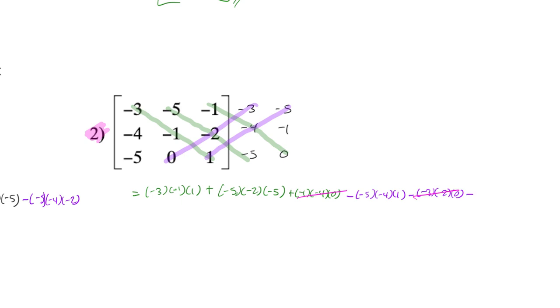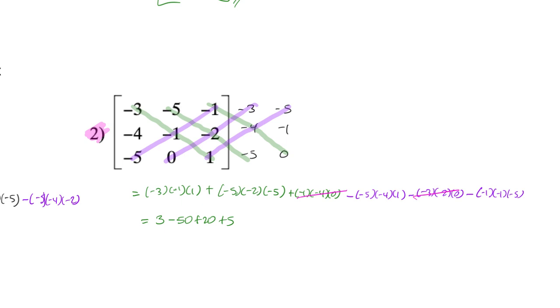And then again, minus, and I'm going to choose the next diagonal, that is this one here. So I got -1 times -1 times -5. So that means that I got plus 3 minus 50, then plus 20. Then this is going to be plus 5.